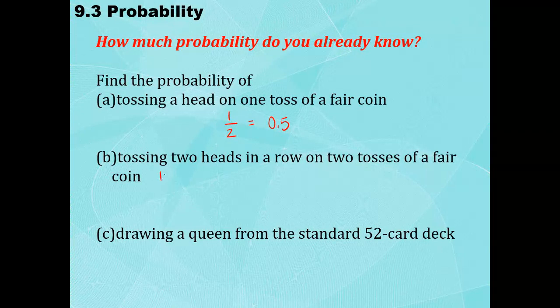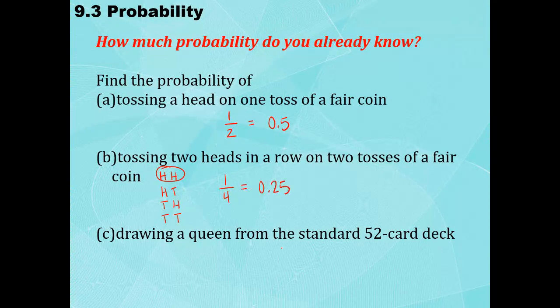My possible outcomes are two heads, which is what I want, a heads and then a tails, a tails and then a heads, or two tails. So I have 4 possible outcomes, and only one of them is my desired outcome. So I have 1/4, or 0.25. The probability of that happening is smaller.